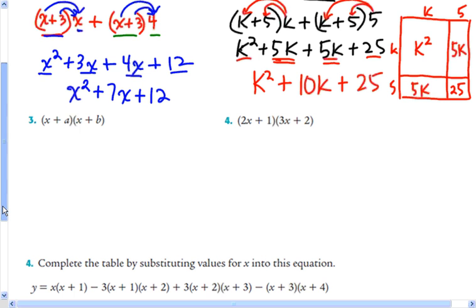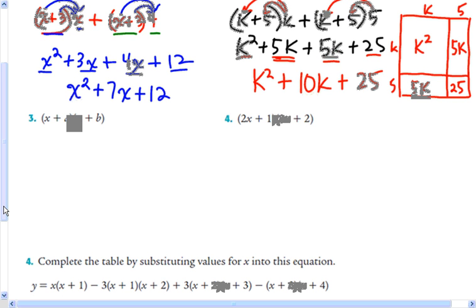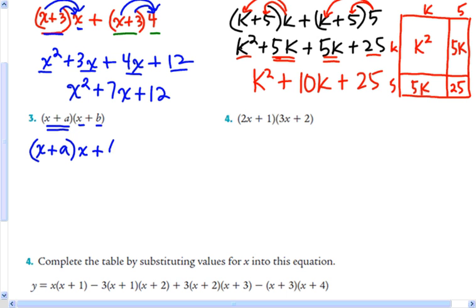So number 3. We're going to expand. We'll take x plus a times x, and then x plus a times b. So that looks like this, x plus a times x, and then x plus a times b.